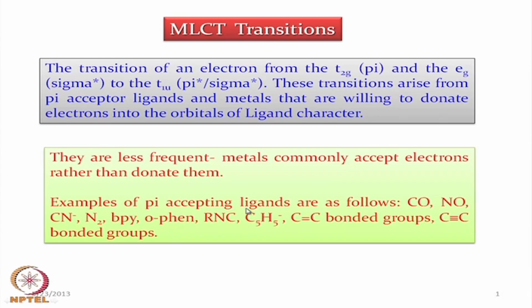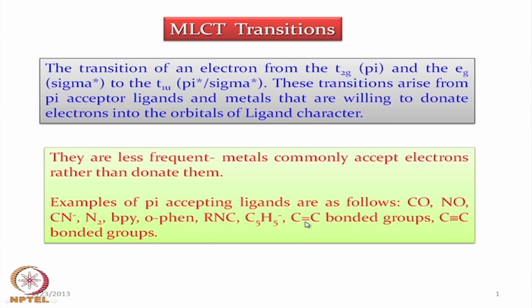So, isocyanate, then cyclopentadienyl and the double bonded or triple bonded carbon systems all have multiple bonds between the atoms, whether it is carbon-carbon or carbon-nitrogen.